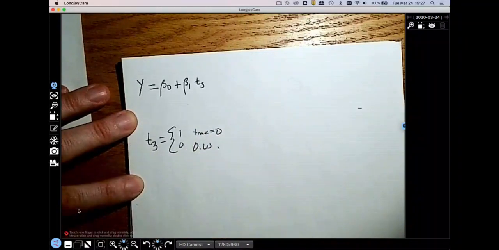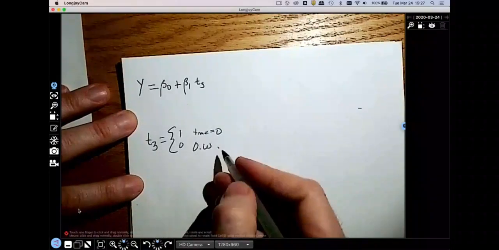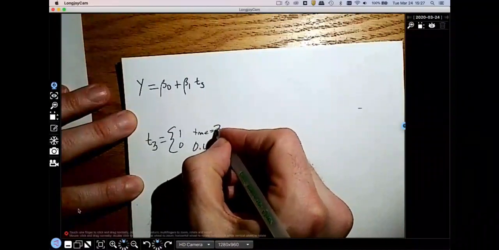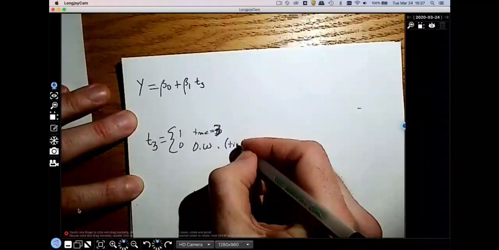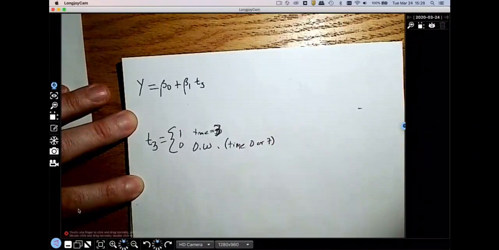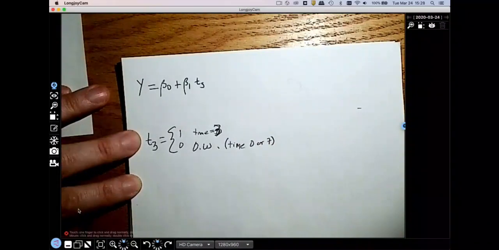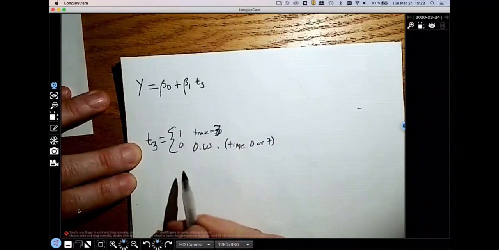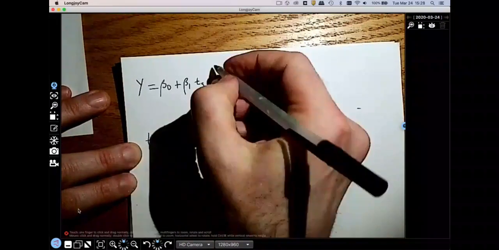So I'm writing otherwise. I messed that up; this is time 0 or 7. All right, so T3 is equal to 1 if the time period is 3, 0 otherwise.